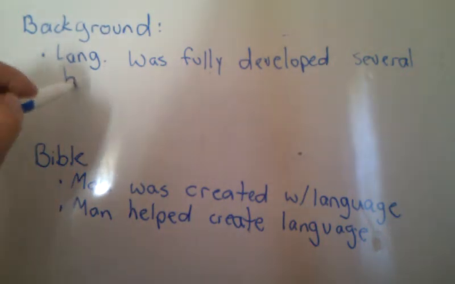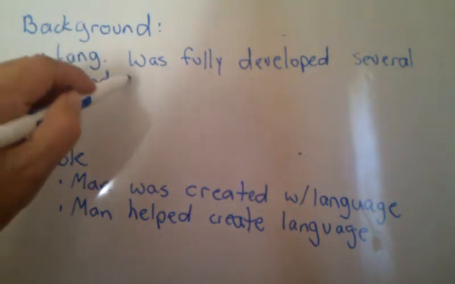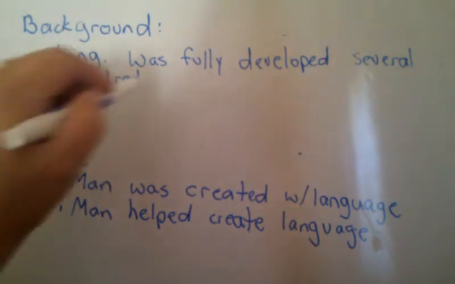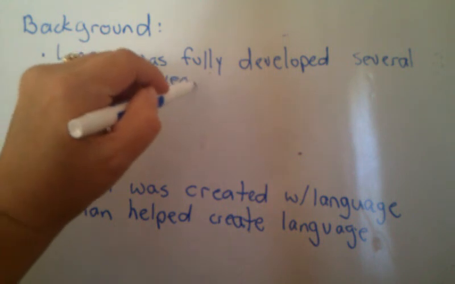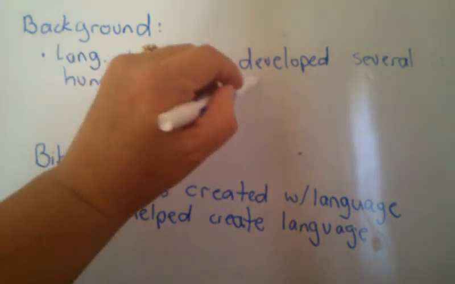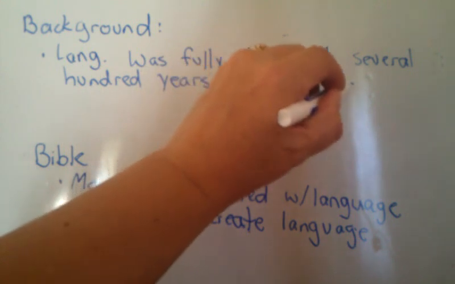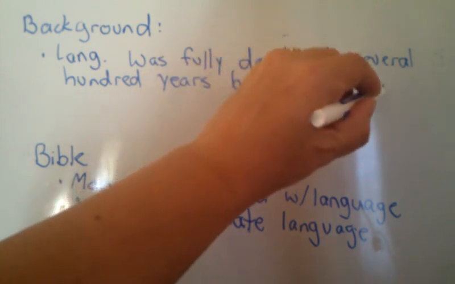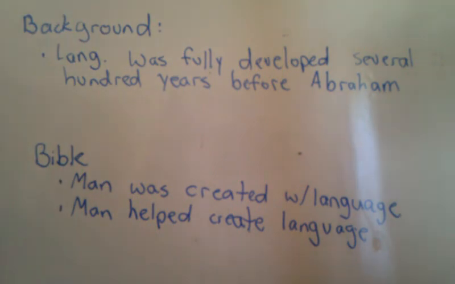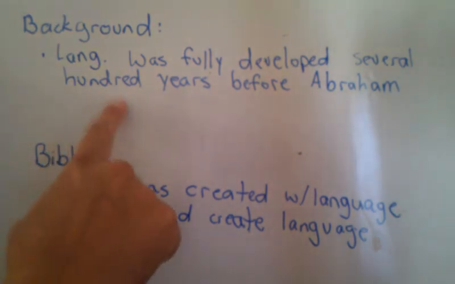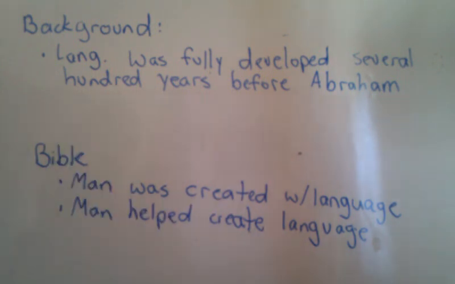I mean, we believe that when God created Adam, he gave him a fully developed language, okay? This is saying that this is what they're able to prove by archaeological evidence. They're able to prove that, okay?